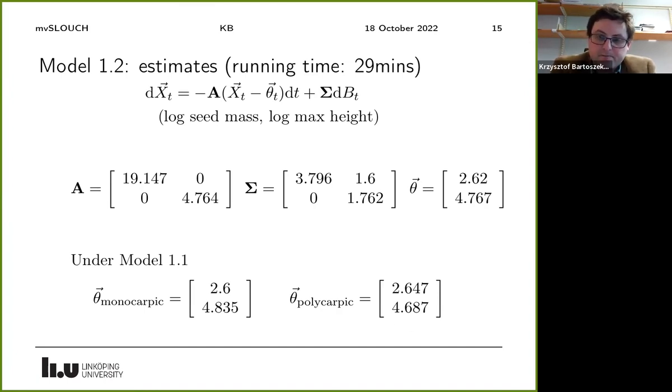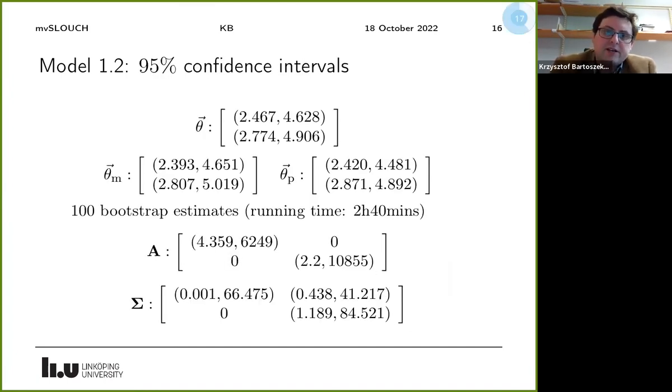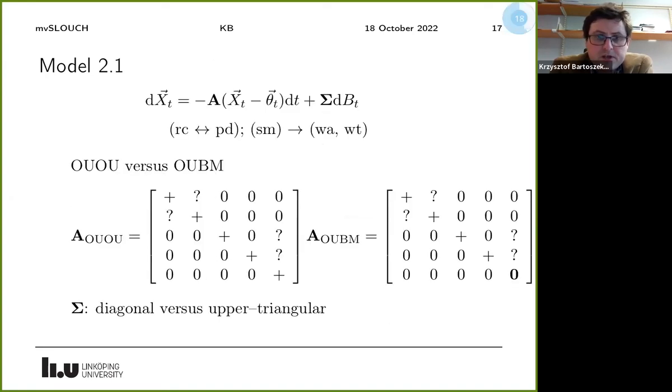We can also get confidence intervals for these values. The confidence intervals for the drift and diffusion matrices are a bit more difficult to get. While these values we could get through some regression, the only way of getting confidence intervals at the moment for the other parameters is through bootstrapping, but hopefully this will change in the near future.